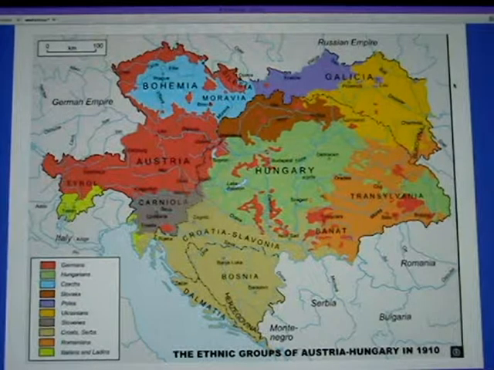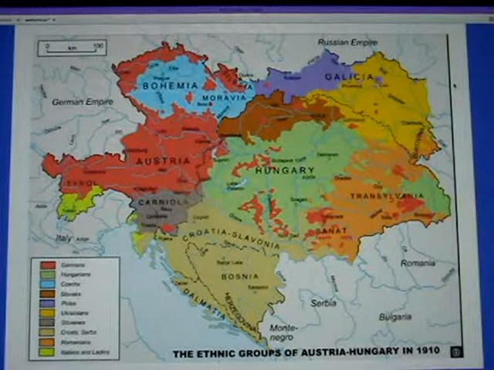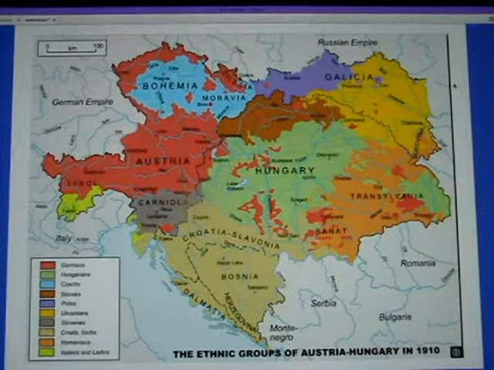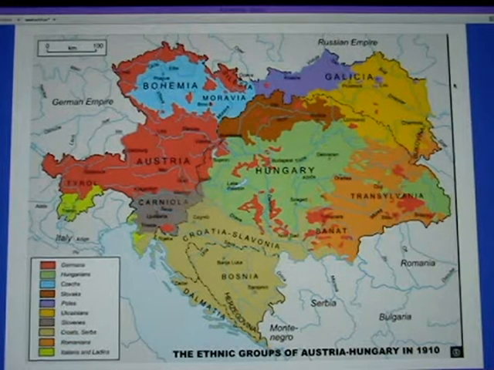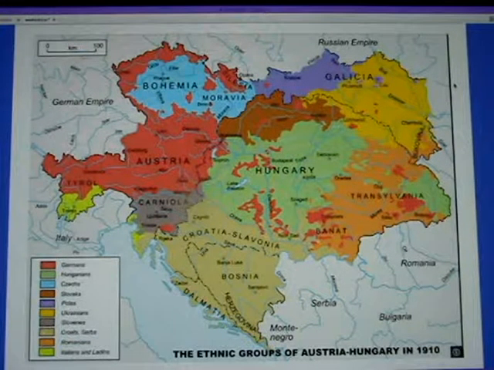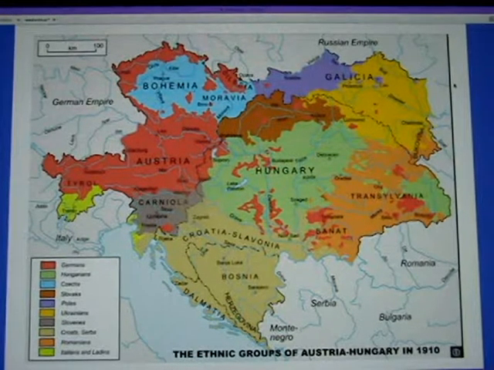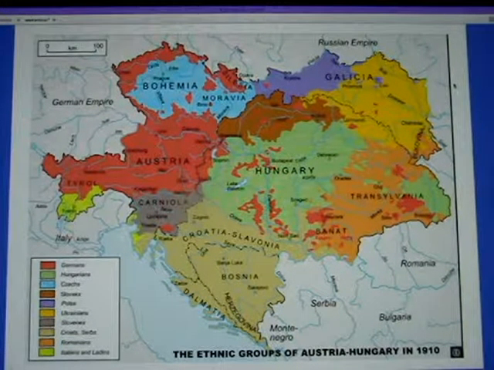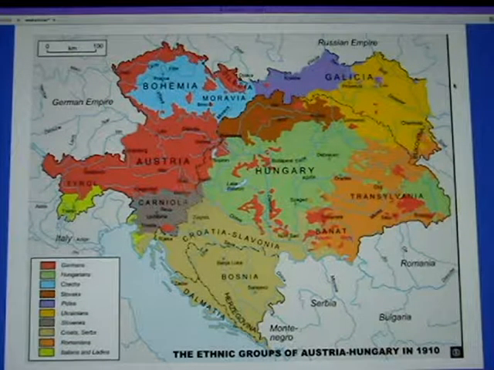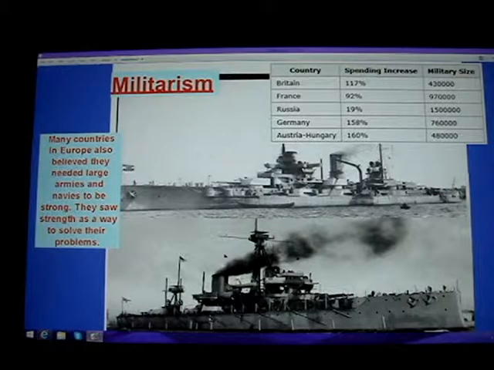And it's really not a surprise that the Archduke was murdered on his visit to the area called Bosnia in the south by a group of separatists who wanted to move that area called Bosnia-Herzegovina into the same country as Serbia.